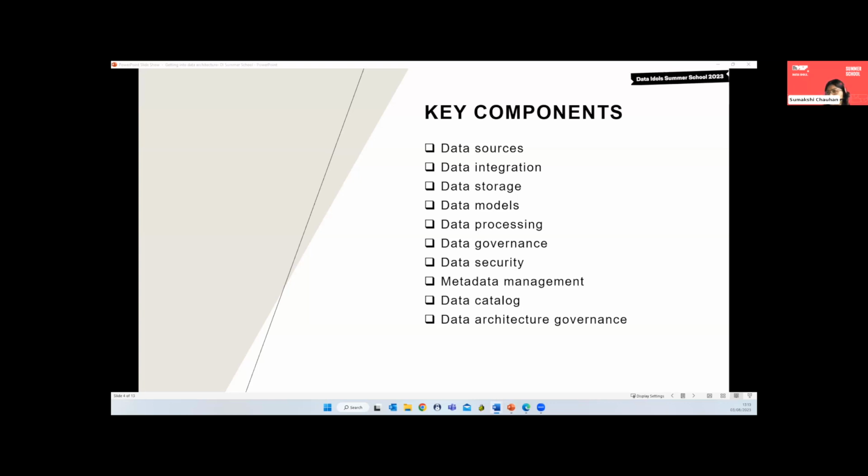The next is metadata management. Metadata, as most of us might already be aware, is data about data. It includes information about data such as data lineage, which is basically where we can track the information to the original source and how the data was modified from the original source to the endpoint or to perform the analytics.